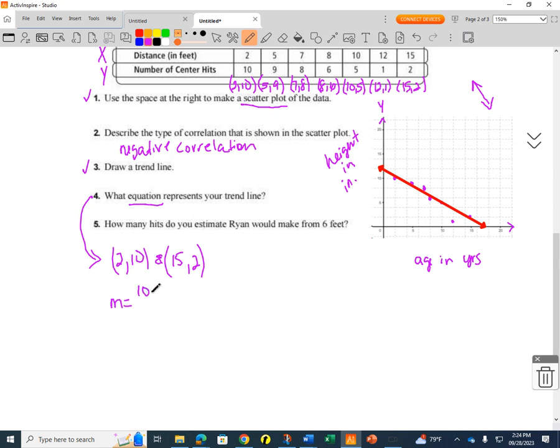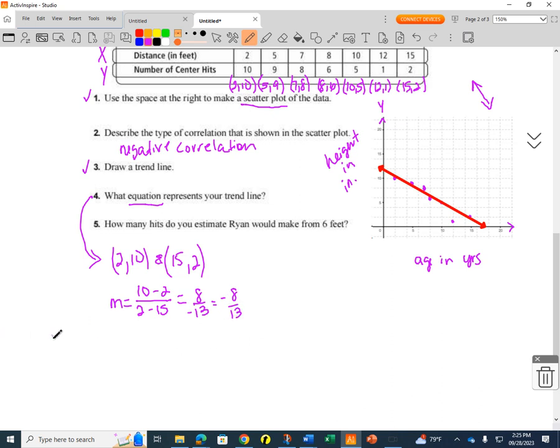So 10 minus 2 over 2 minus 15, and that's going to be 8 over negative 13, which is negative 8 thirteenths. So that's the slope of my line.